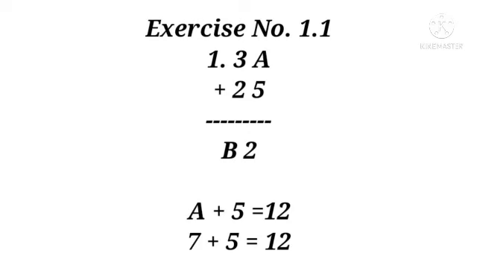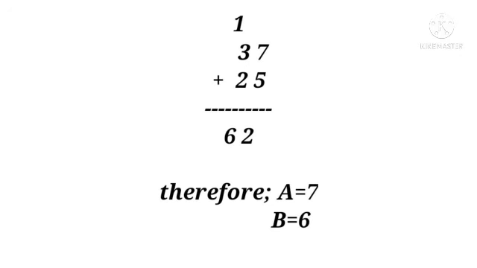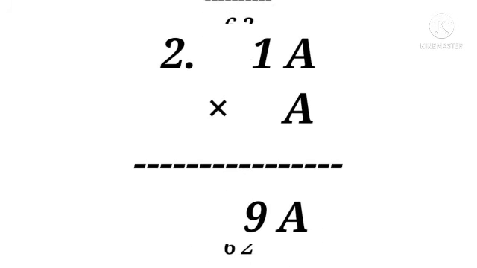As we have A plus 5 is equal to 12, so if we substitute 7 in place of A, we get 12, in which 1's place is 2 and 1 will be a carry over the number 3. So we get 37 plus 25 is equal to 62. Therefore, A is equal to 7, B is equal to 6.